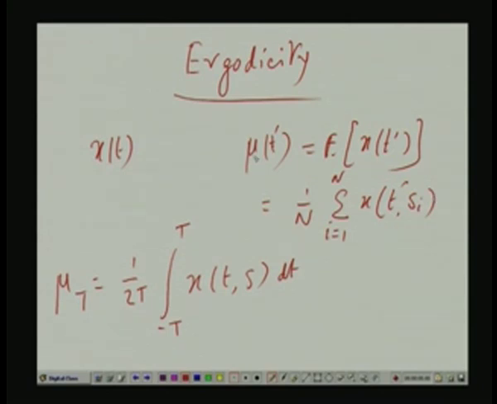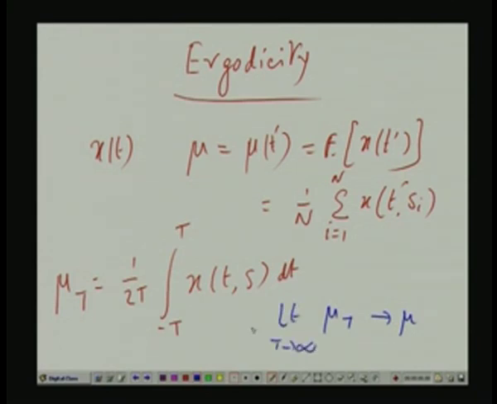That is, this mu(t prime) should be just mu. It should not matter what t prime you have chosen, because the question that I want to pose is, can we have a situation where mu_T tends to mu as T tends to infinity?